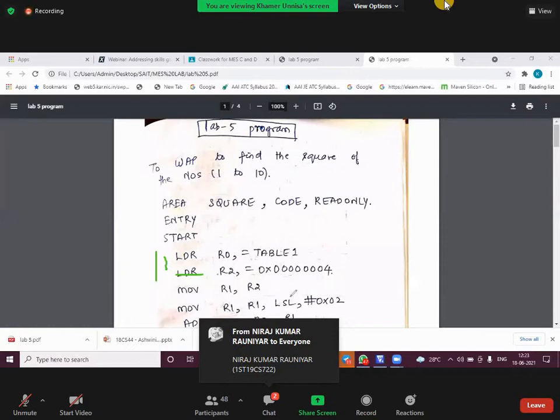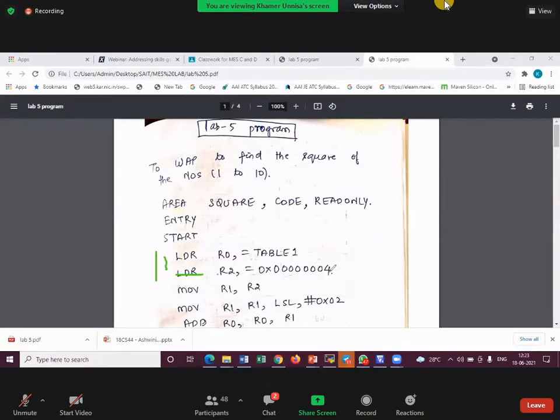Now next part, what I'm doing over here is, R1 has the number 4. Now I am performing a logical shift left operation on R1, so I should move from right to left. Whatever is there in R1, I will shift it by 2 times, because it is shifting twice.